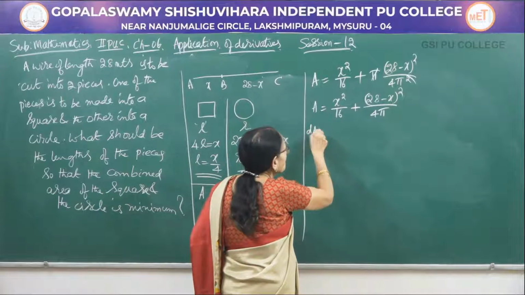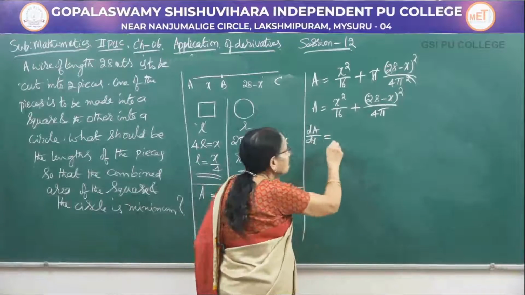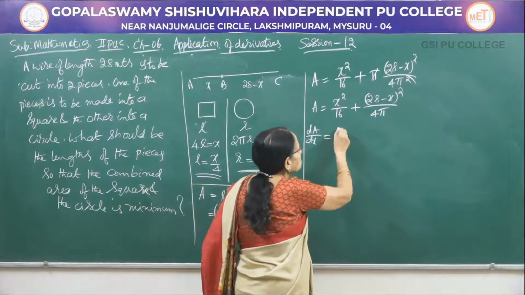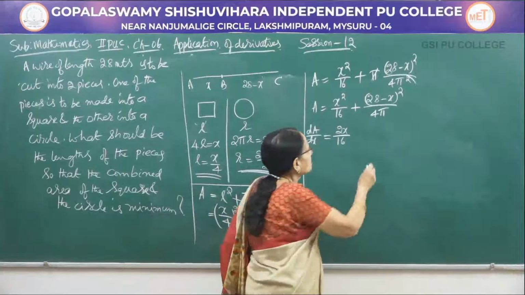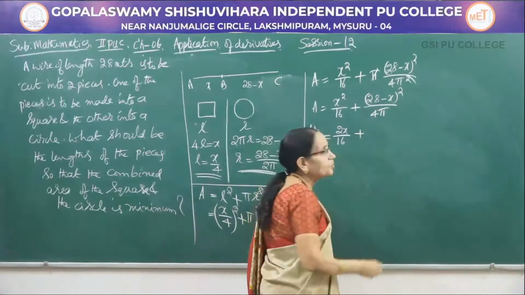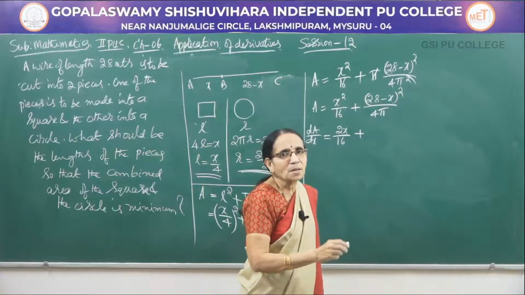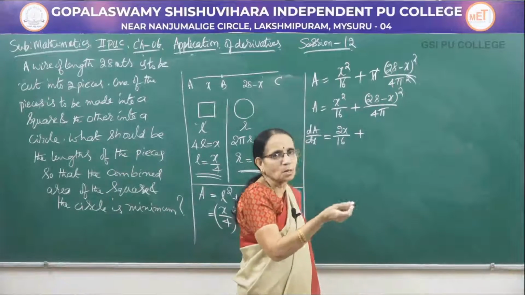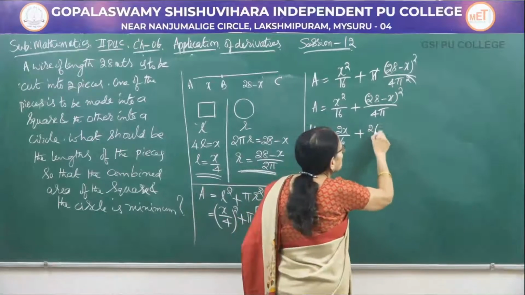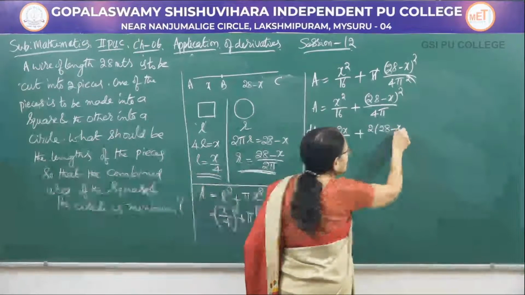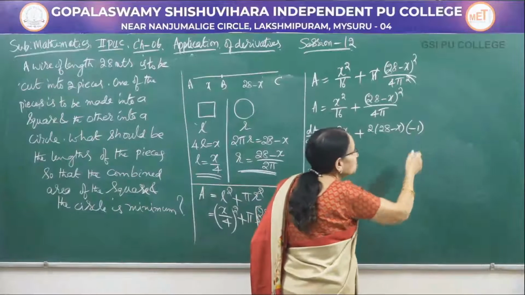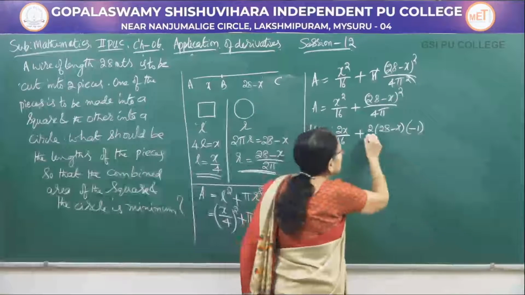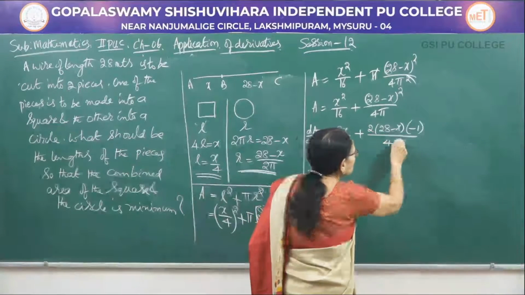Therefore, with respect to x we differentiate dA by dx. x square becomes 2x, denominator remains the same. Same thing here, it is a composite function. (28 minus x) the whole square, x square formula. So it is 2 into (28 minus x), but 28 minus x also should be differentiated, whose derivative is minus 1, divided by 4 times pi.